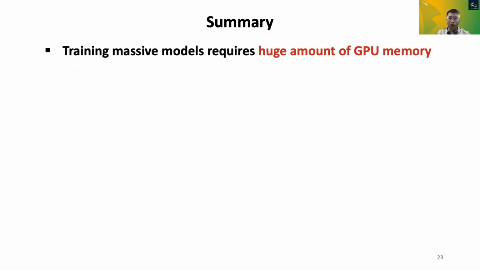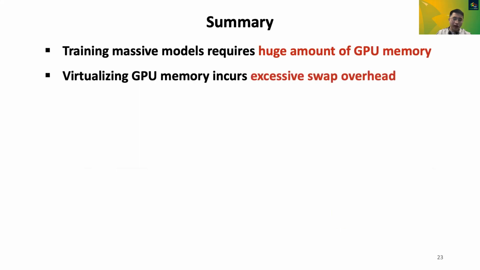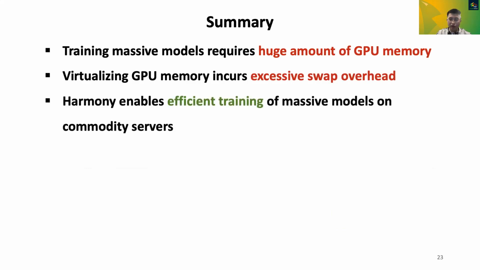To sum up, training massive models requires a huge amount of memory. Naively virtualizing GPU memory has excessive swapping overhead. We propose Harmony for efficiently training massive models on commodity servers.